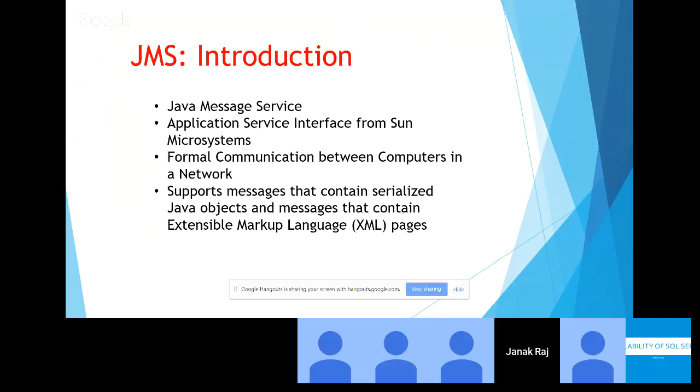JMS provides a common interface to standard messaging protocols and also to special messaging services in support of Java programs. Sun advocates the use of JMS for anyone developing Java applications which can run on any operating system.